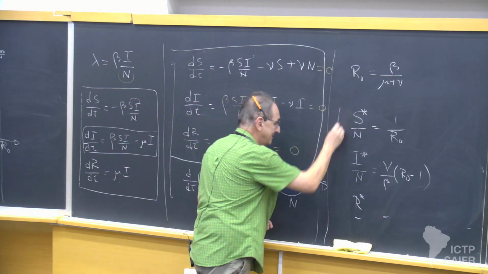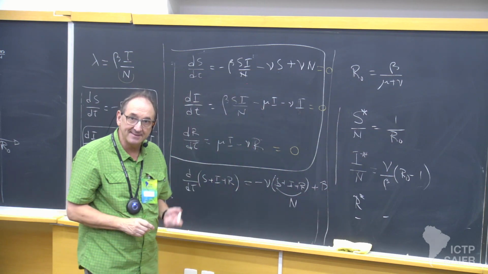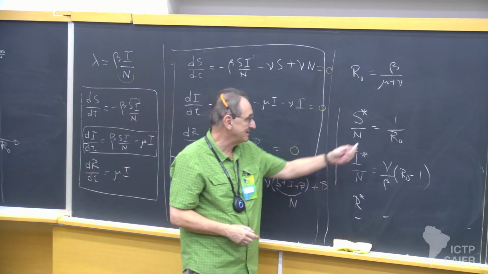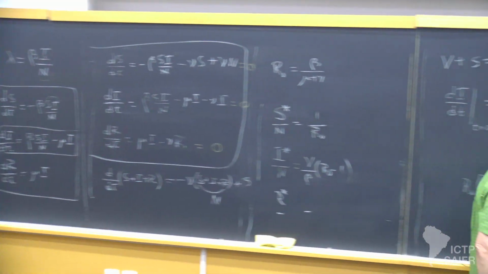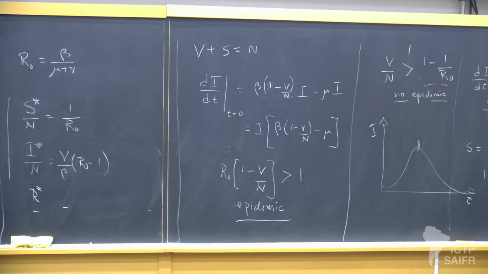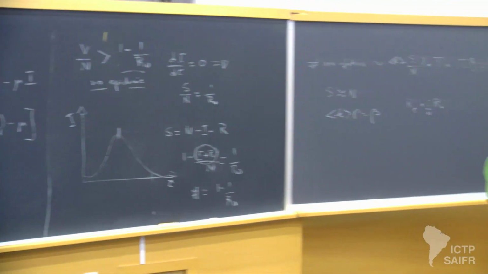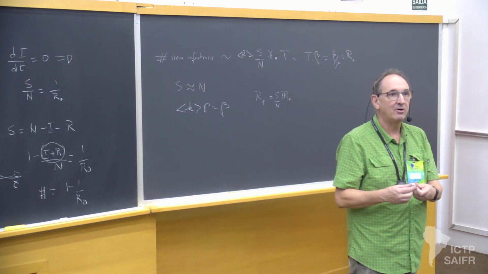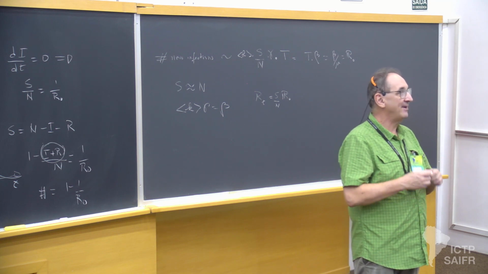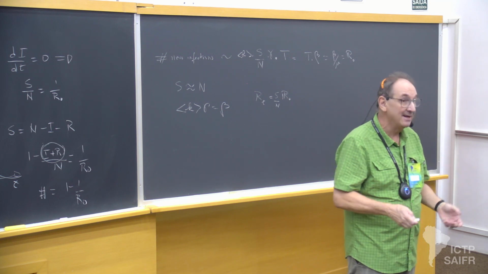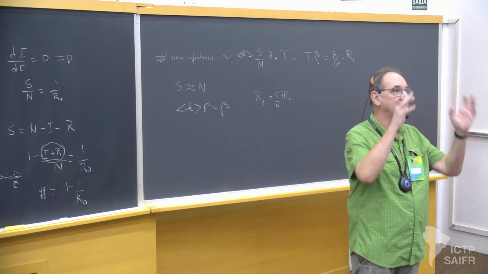But what is interesting here is that this system has a fixed point, which is non-trivial in the sense that there are a certain number of susceptible, a certain number of infected people all the time. Therefore, there is the possibility that the infection, the disease, the epidemic, does not burn out completely.